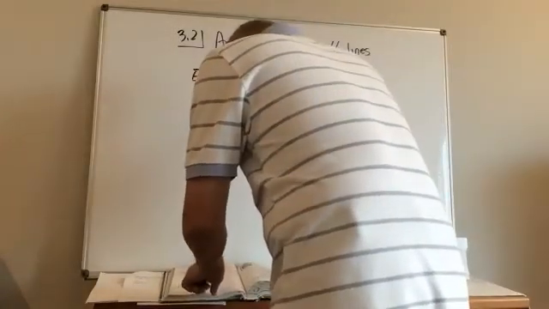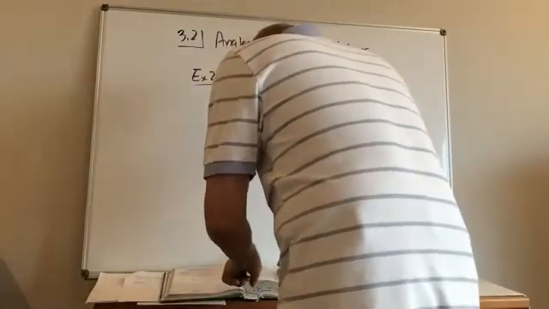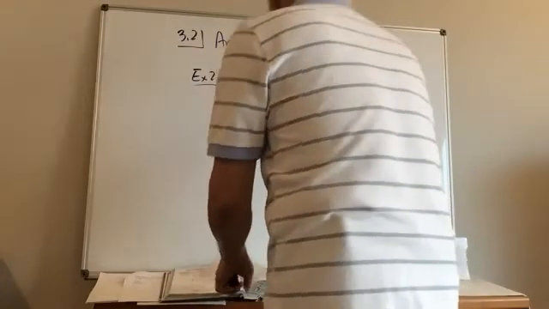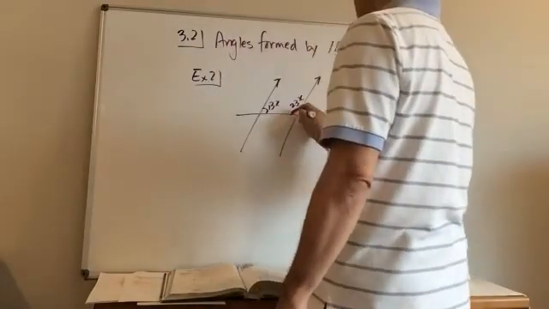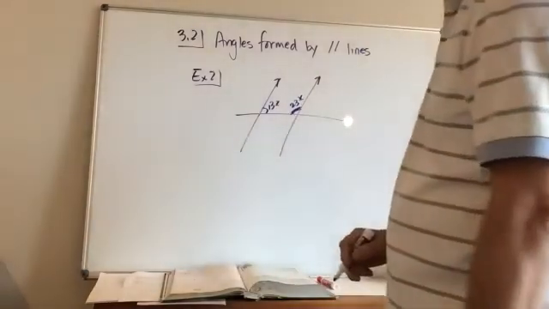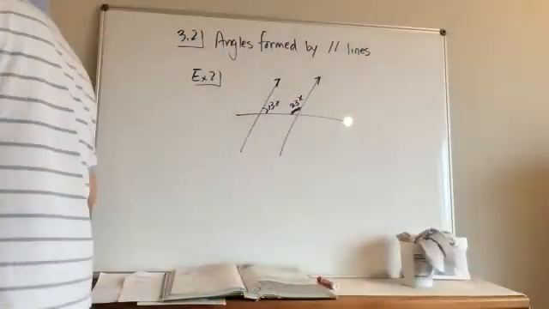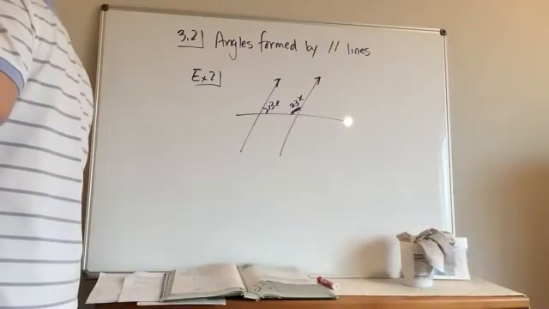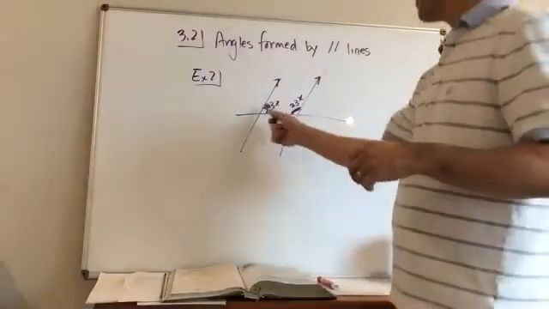And they want us to find TUS. So you want us to find this angle right here, okay? So how would I go about doing this? Jose, tell me how I would go about doing this. What are these two angles called, first of all?